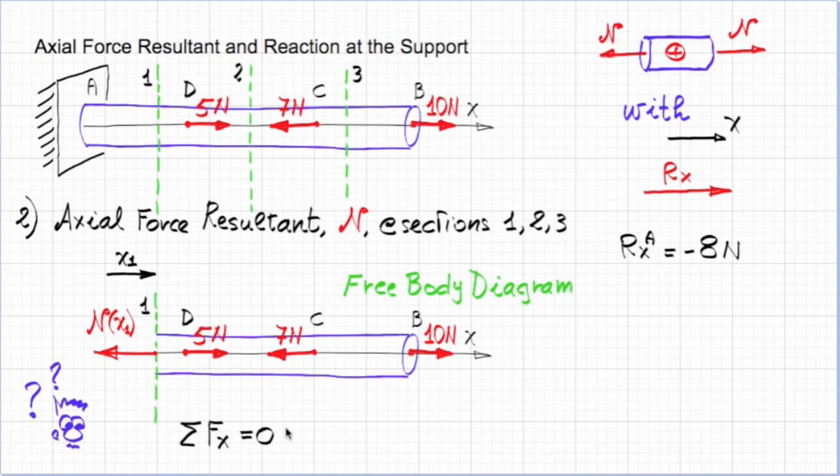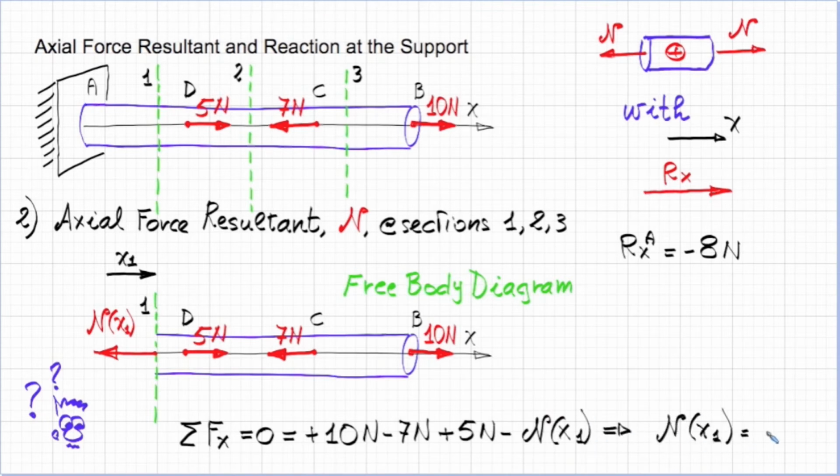So if we look at these forces, we're going to have a positive sign for the 10 newtons, a negative sign for the 7 newtons, a positive sign for the 5 newtons, and a negative sign for N of x1. As simple as that, from which we obtain that N of x1 is 8 newtons.